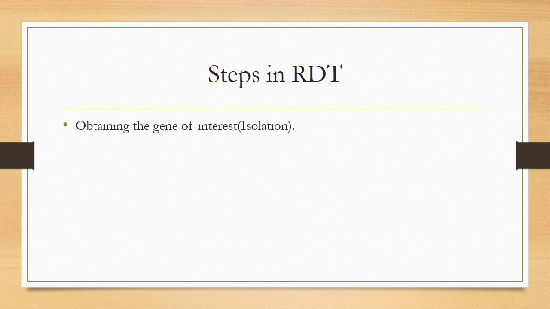First of all, we need to obtain the gene of interest, which is to isolate the gene of interest. We pick an organism's DNA and then we locate our gene of interest. When we locate this gene of interest, we apply restriction enzymes and they cut these sites for us. When we get these sites, we get our vector.